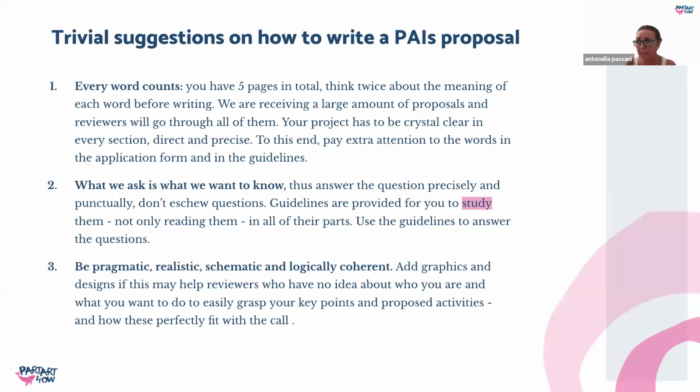So really be specific. We are receiving a large amount of proposals, so the ones that stand out are the ones that are clear, to the point, answering the challenge of the open call, and really describe also the process and implementation process in a clear way.